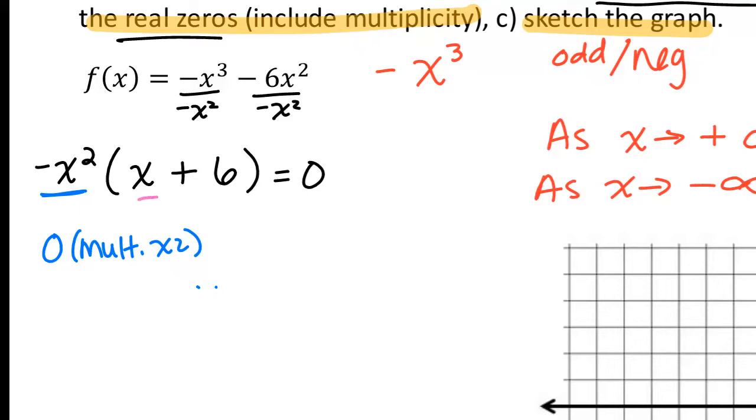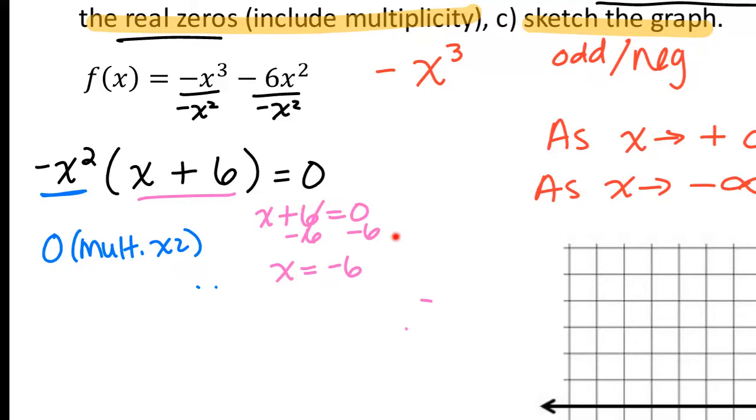And then this x plus 6. You can show the work, but you can just skip it. I'll show it for the first example. Remember, we make each piece equal to 0. So we subtract 6, and that gives us x is equal to negative 6. But again, you can skip this part.